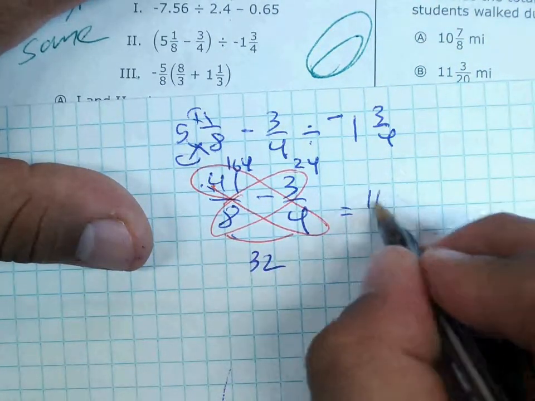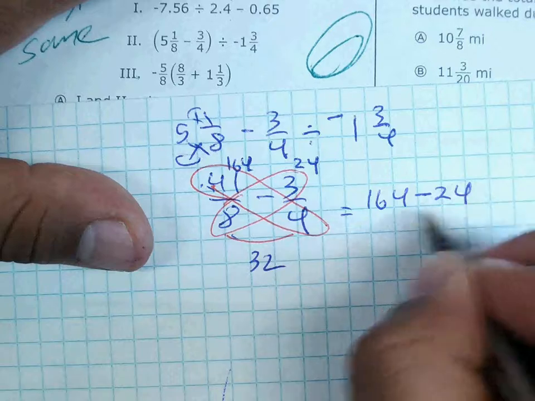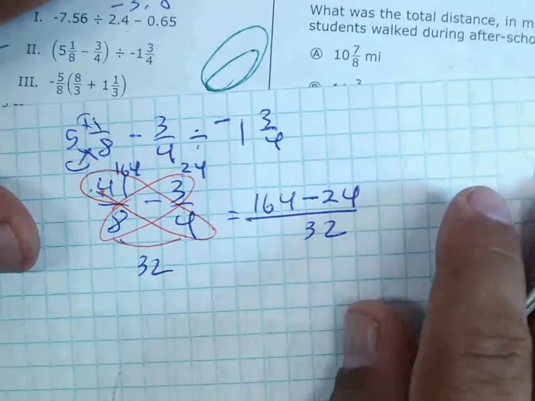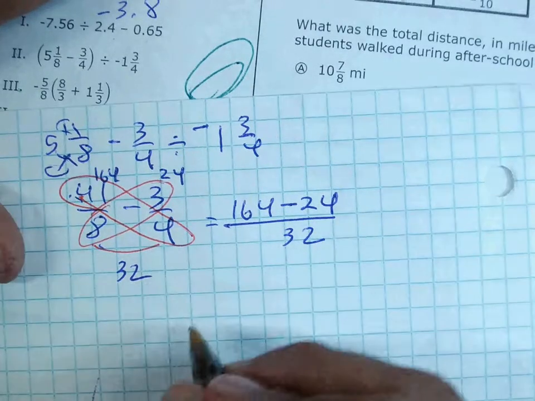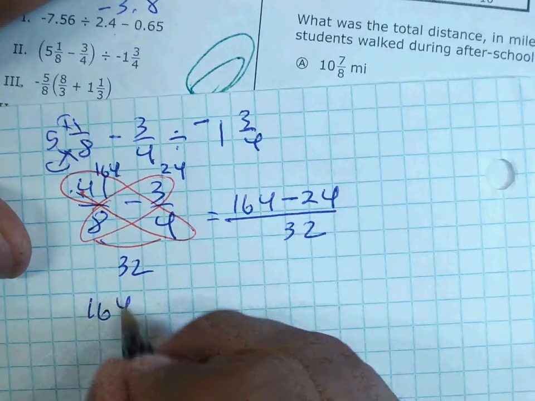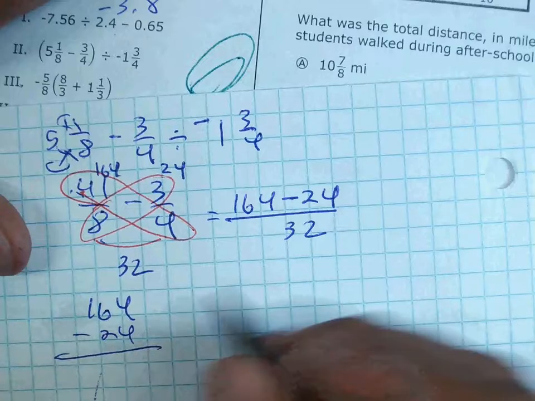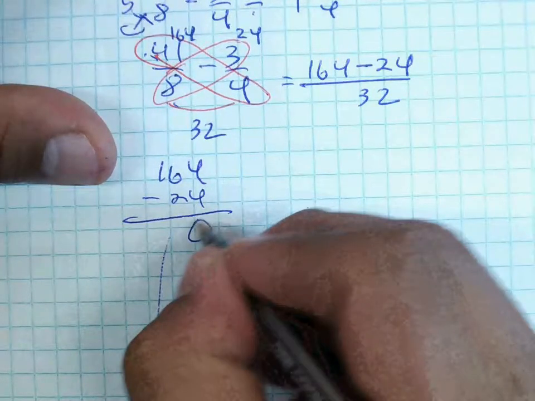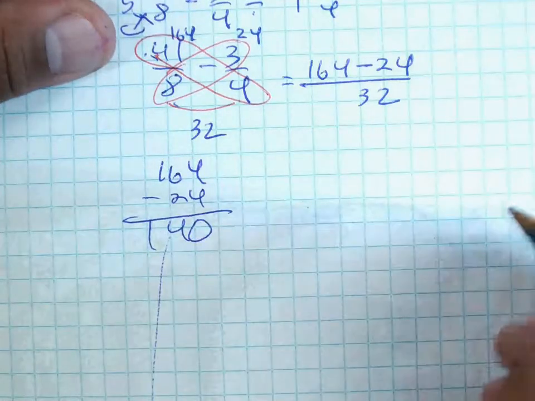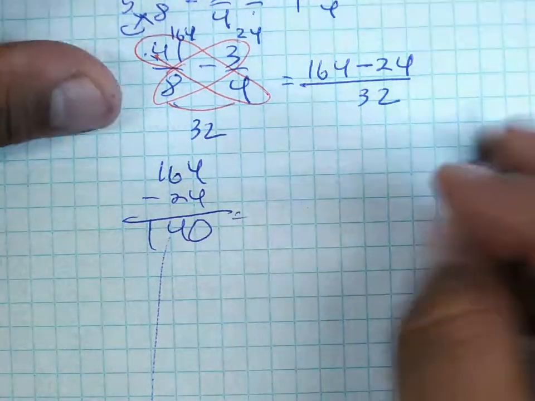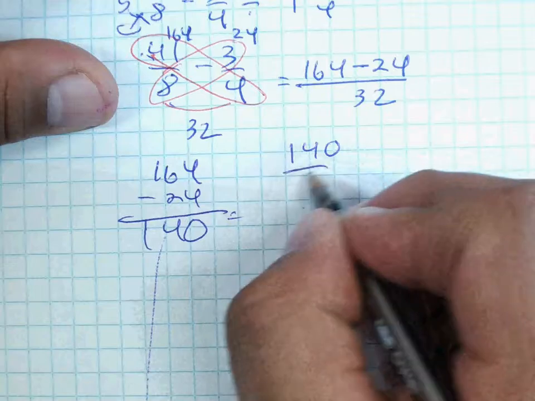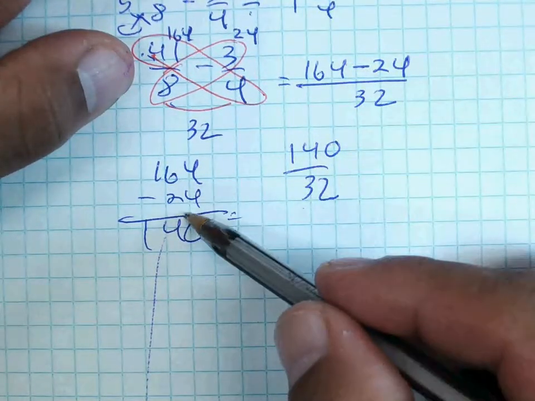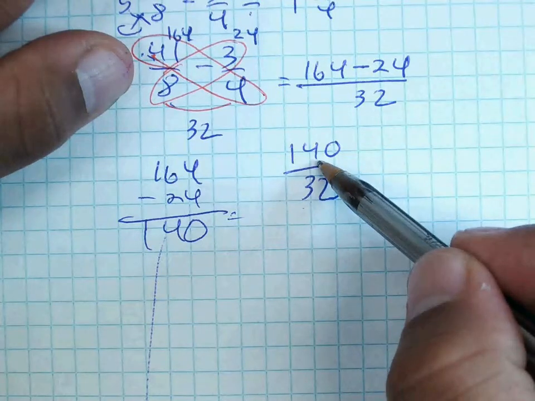And so I get 164 minus 24 over 32. And so then I subtract that, 164 minus 24, that's 140. And so now I have 140 over 32. All I did was subtract these two right here, and I got 140 over 32.